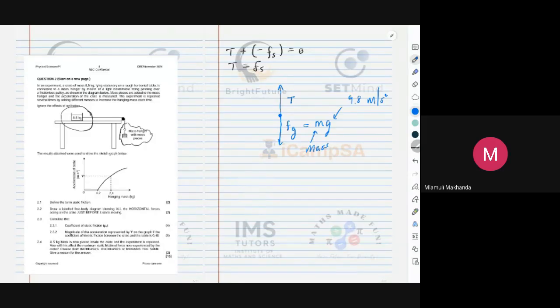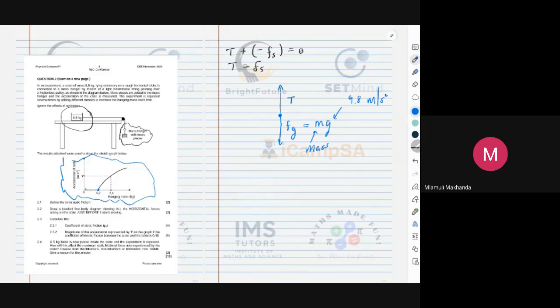But now, not anywhere in this statement have we been given the mass of this thing here. But if we check from this here, we can see that this is the acceleration of the crate, which is this. Then here we have, okay, this is the hanging mass, right? The hanging mass, which is this one. So here, this y part is 0.